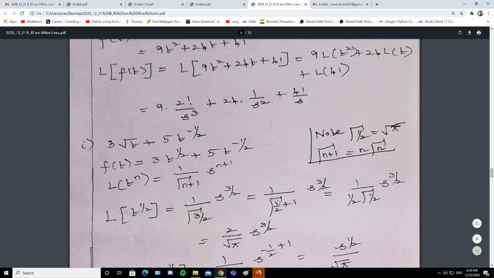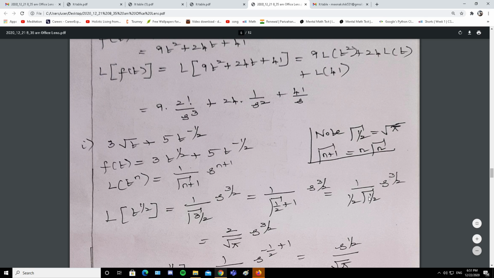What is 3 by 2? Half plus 1. So what is gamma of n plus 1? n times gamma n. Whenever you have a rational expression with 2 in the denominator, you should reduce it to gamma half.